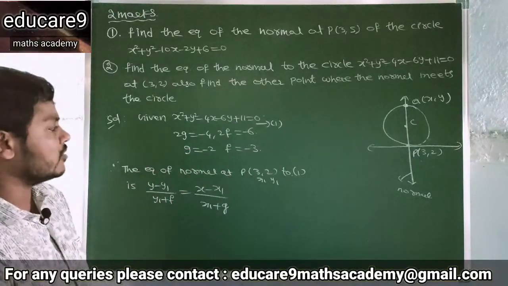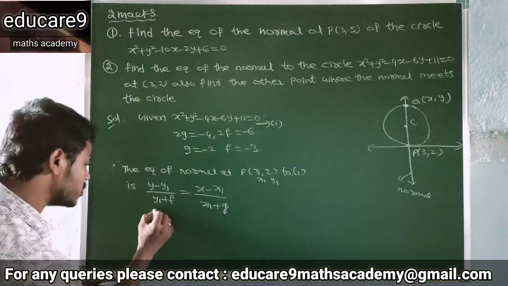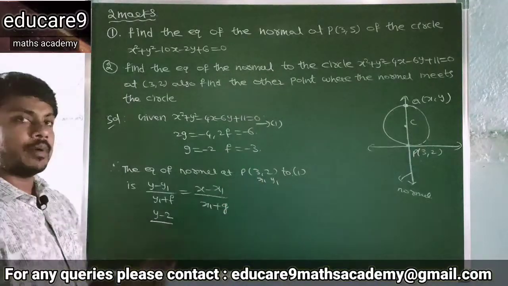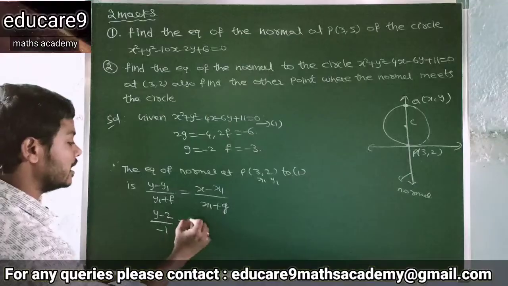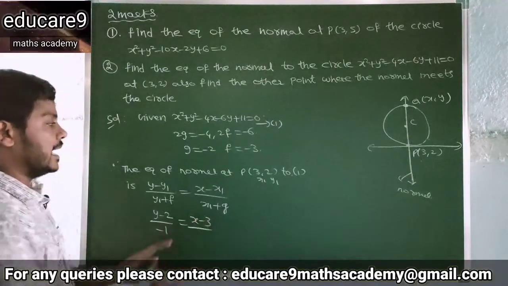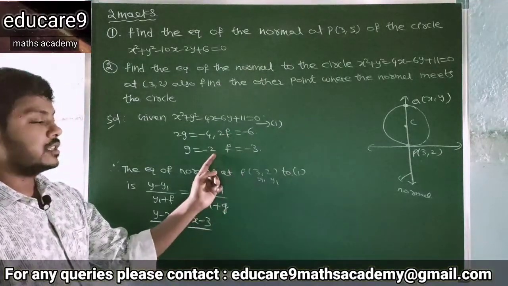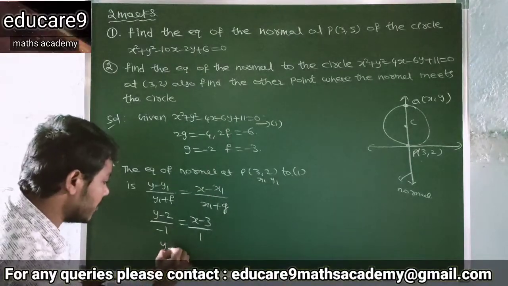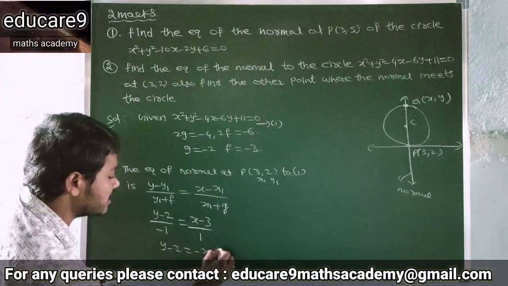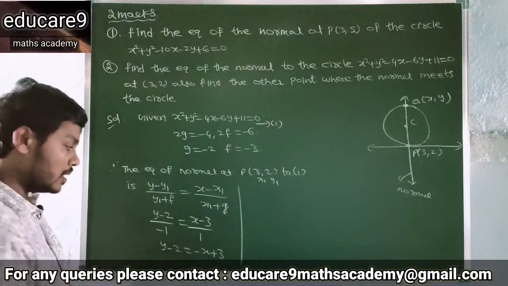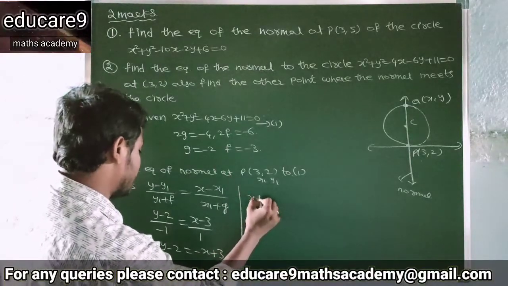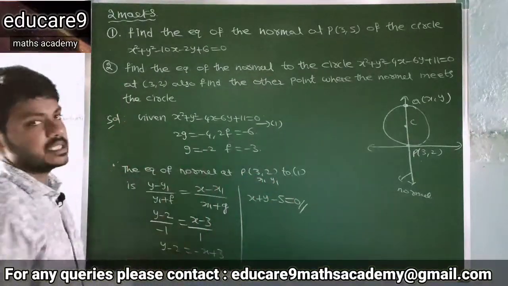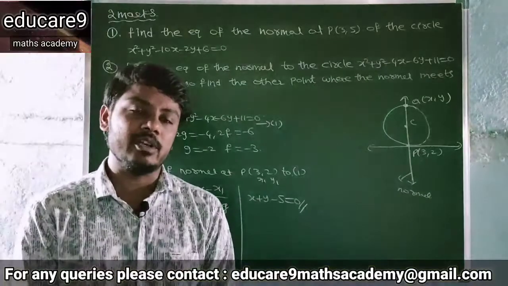Y minus 2, divided by y1 plus f, 2 minus 3, that is minus 1. X minus 3, by x1 plus g, 3 minus 2, 1. So this is y minus 2 is equal to minus x plus 3. So this is x plus y minus 5 is equal to 0. So this is the required equation of the normal.